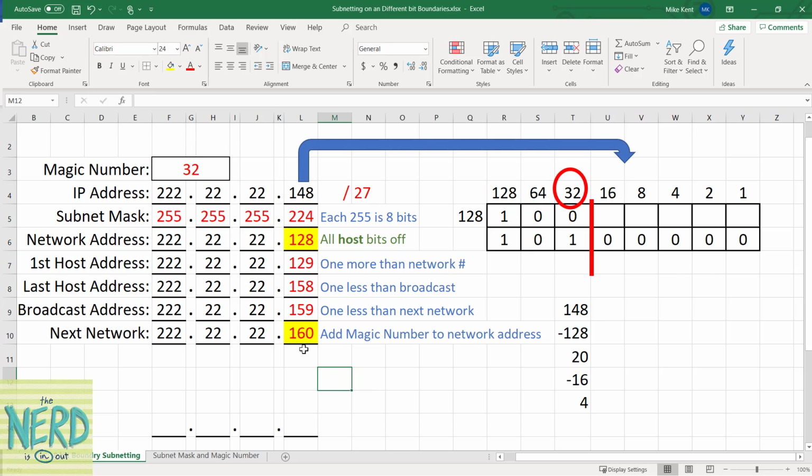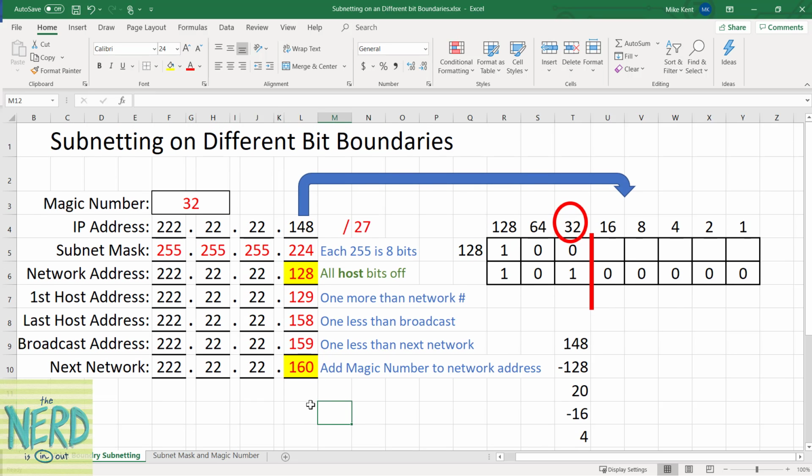Everything else is in between. What have we got in between? We start at 128 for this network. 129 is the first host. The broadcast is one less than the next network. The last host is one less than the broadcast. So the only thing we have to do in binary is figure out what network we're on.